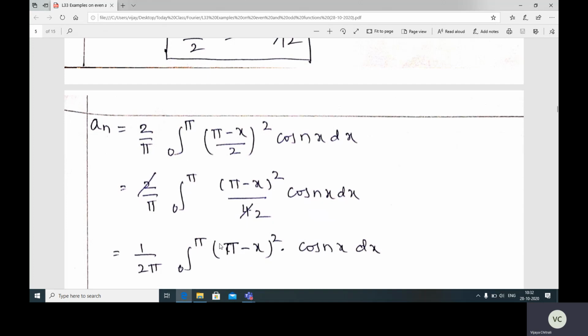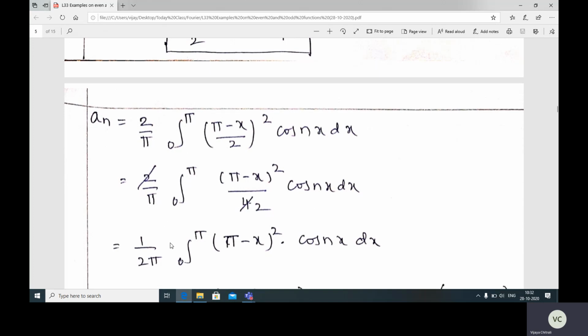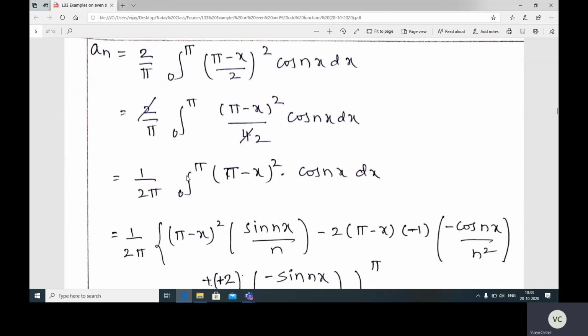Before applying it, the denominator is square, meaning 4, so I will write this as (pi minus x) raised to 2 divided by 4 cos nx dx. The 2 ones are 2 twos are, again take 2 outside. So 1 upon 2 pi integration from 0 to pi of (pi minus x) raised to 2 into cos nx.